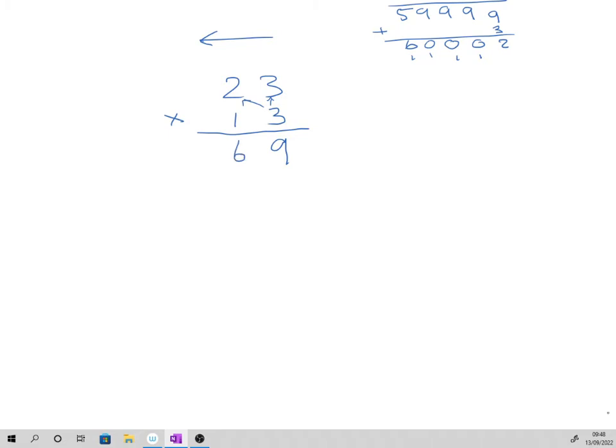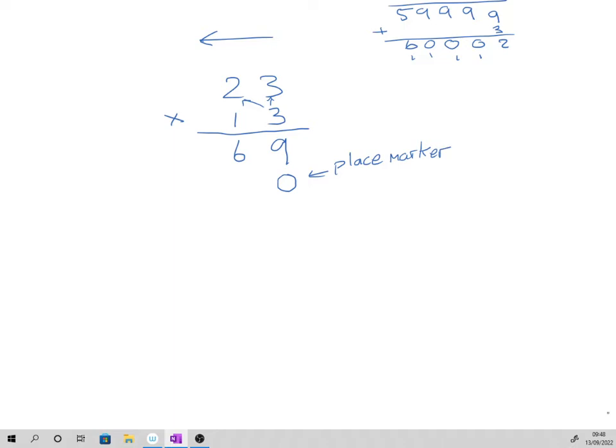Then we're going to multiply by the 1. Because we've moved along a column, we've got to put a 0 so that our first answer comes below the 1. And this is called a place marker. It's very important.